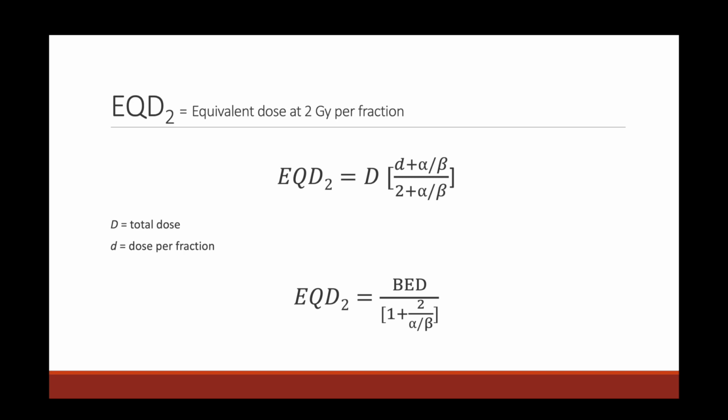And again, these are equations that you don't necessarily need to memorize right now, but they are equations that help us to understand what goes into calculating the EQD2. So there's 2 different equations that are here. And as you can see, they both take into account the total dose and the dose per fraction, as well as the alpha-beta ratio.